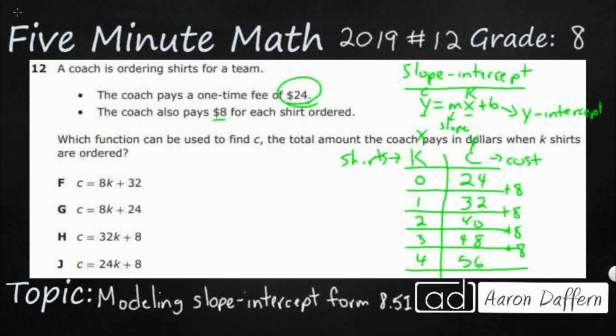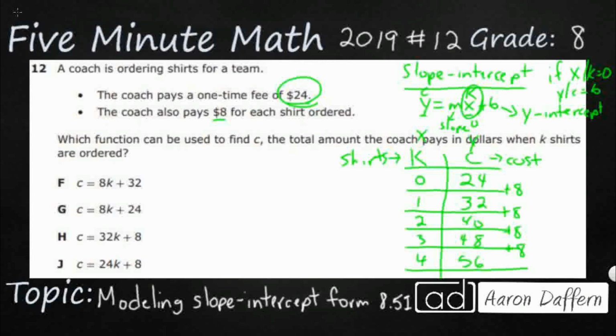So what is this y-intercept? Or in this case, it's a C-intercept. If k equals 0, so if x or k equals 0, the m is going to multiply by the 0 and turn into 0, and so that y or that C is going to equal this value, b. It's the y-intercept.